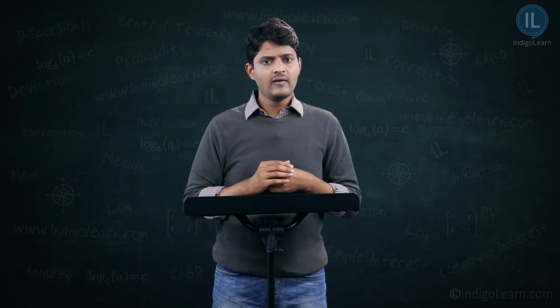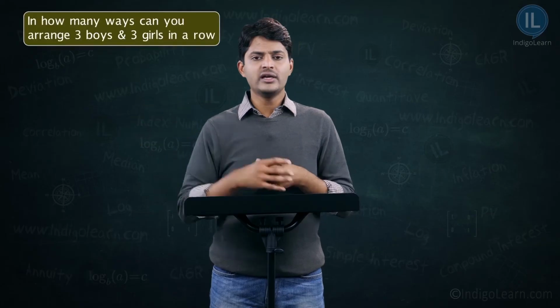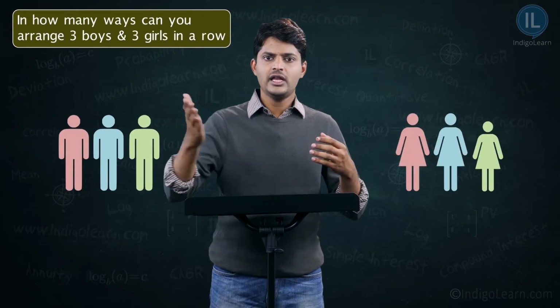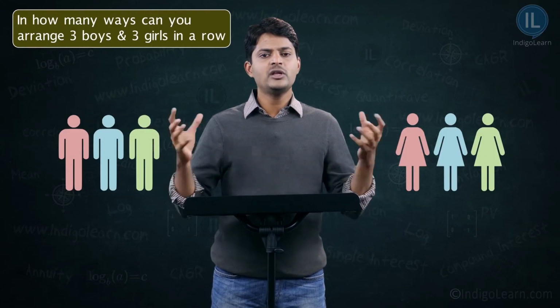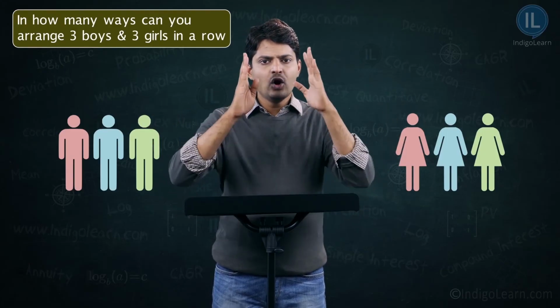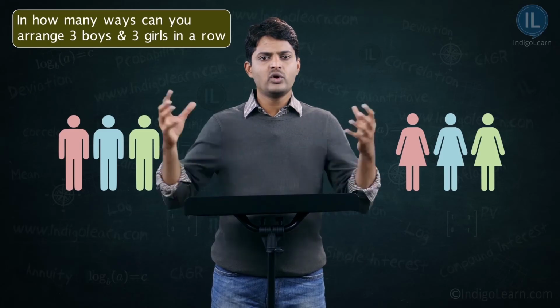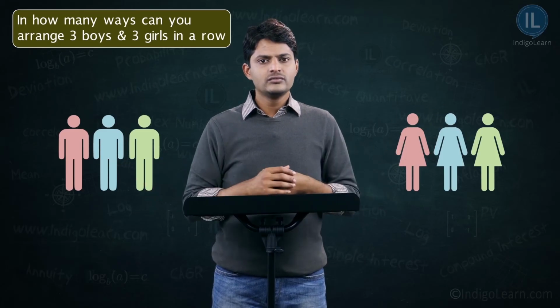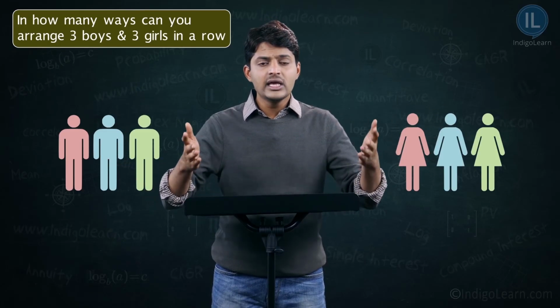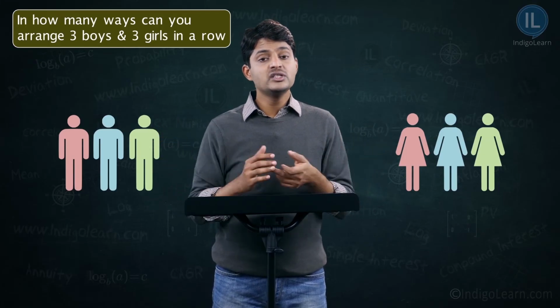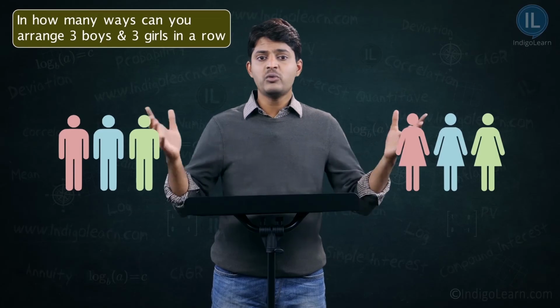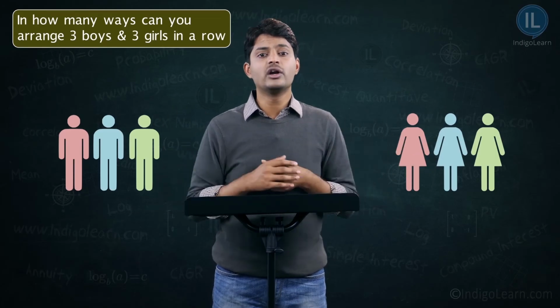Let us say I want to arrange 3 boys and 3 girls in a row. I have 3 boys and I have 3 girls and I have to arrange them in a row. So my question is, in how many ways can you do it? Now you are about to think, is there any special arrangement that you have to make, or you can arrange boys and girls in any order that you want?